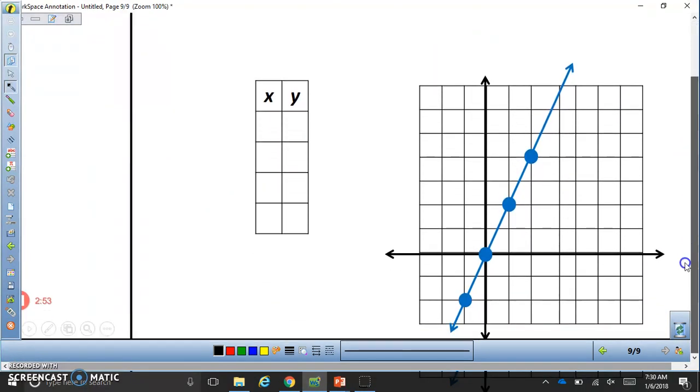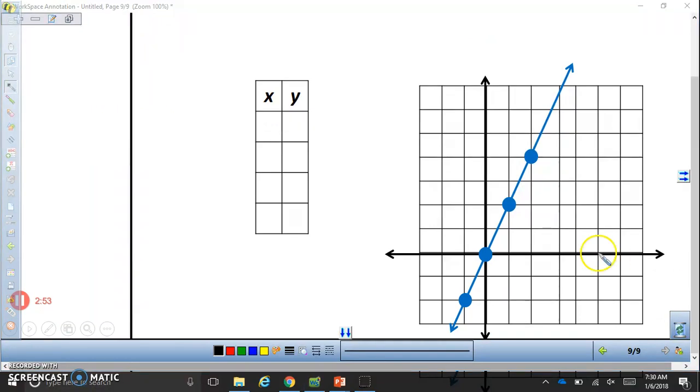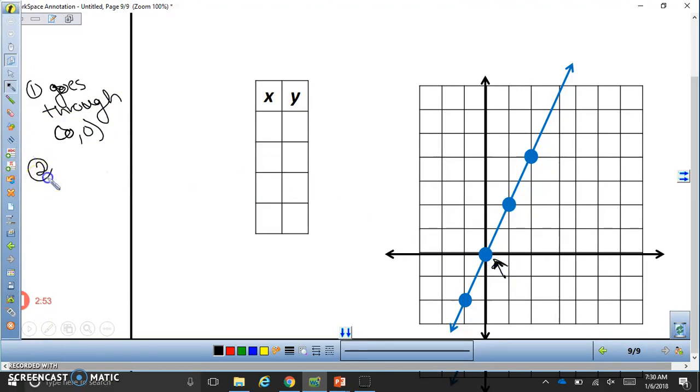Here we go. So, we're going to write the direct variation equation. This one has two characteristics. One, it goes through the origin, goes through 0, 0, right here. This is the origin. And two, it's a straight line.